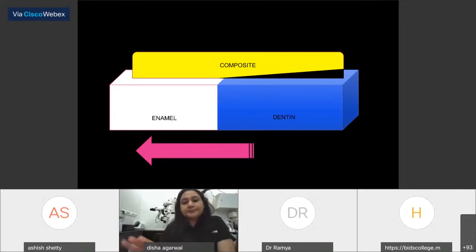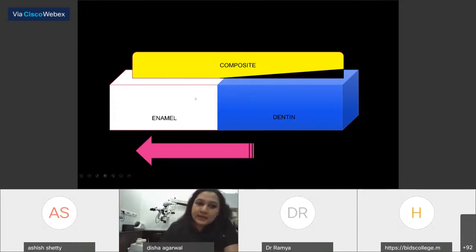Okay, so now what happens if I bond it together? The bond in the dentine has not developed as strong, but the enamel bond has developed very quickly. So there was a polymerization stress or a shrinkage developing in the composite, and my composite started moving towards my enamel.